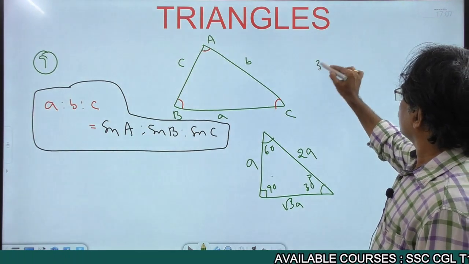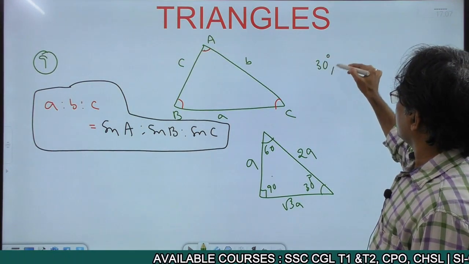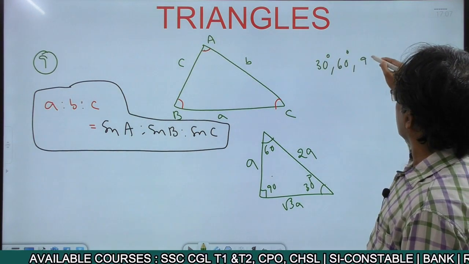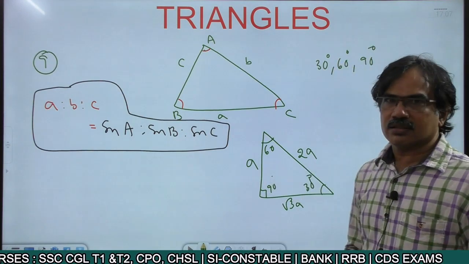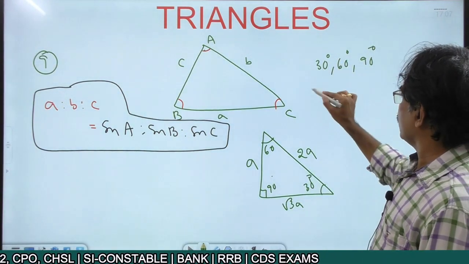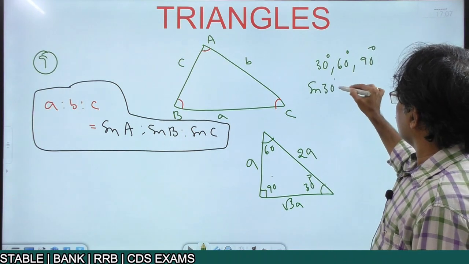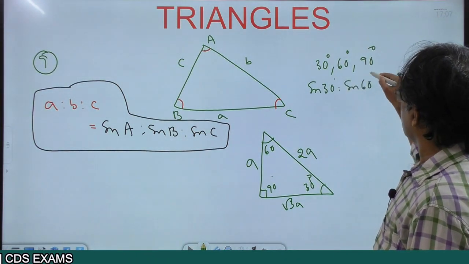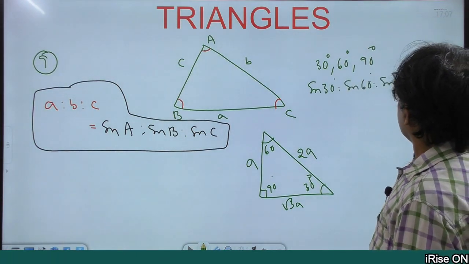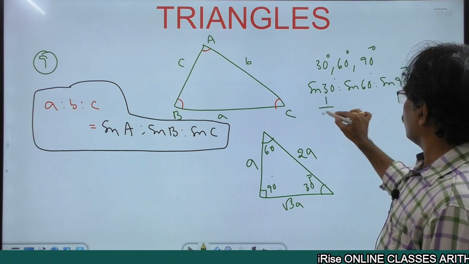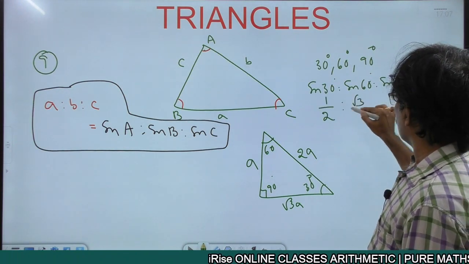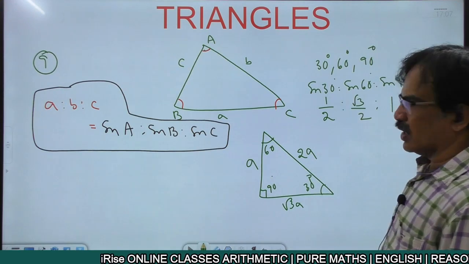here 30 degrees, 60 degrees, 90 degrees are the angles. The sides are in the ratio sin 30 is to sin 60 is to sin 90. Sin 30 is 1 by 2, sin 60 is root 3 by 2, sin 90 is 1.